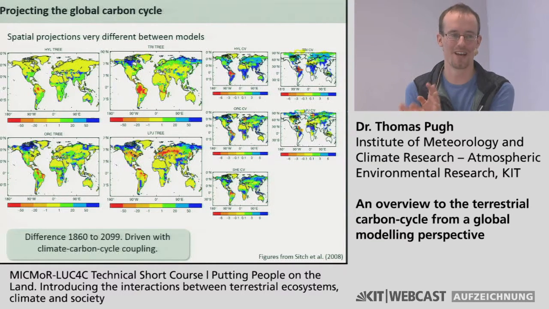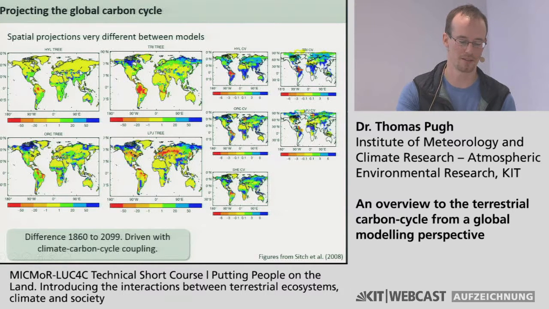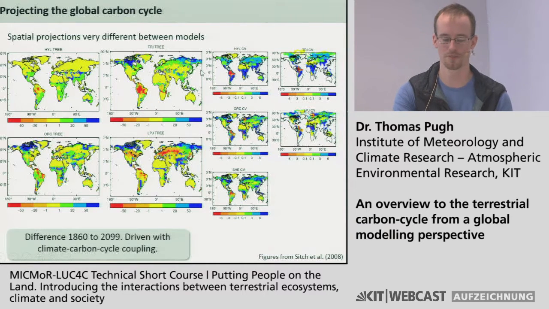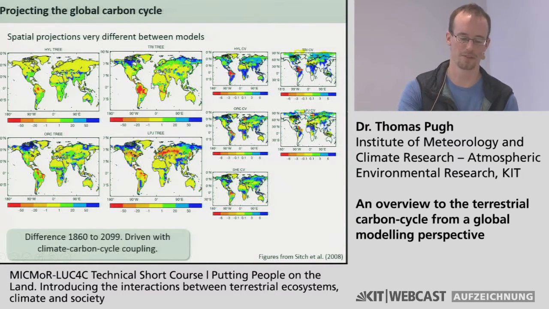As well as models varying in their total change as a global average, they also vary a lot spatially. So these are some results from an intercomparison of DGVMs made by Stephen Sitch and colleagues a few years ago. This is the change between 1860 and 2099 in the tree cover fraction between 4 different dynamic vegetation models.